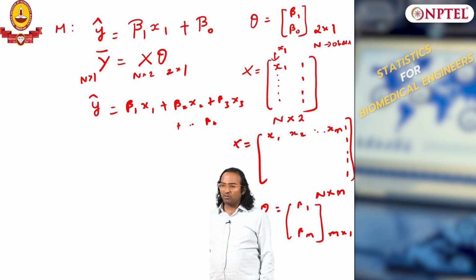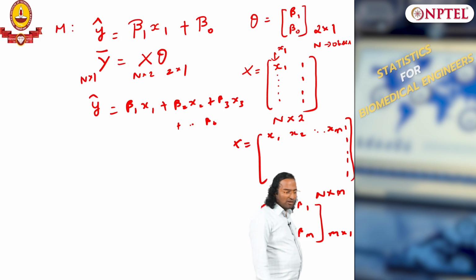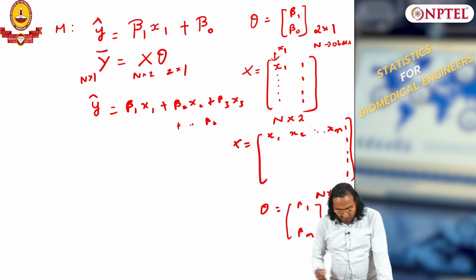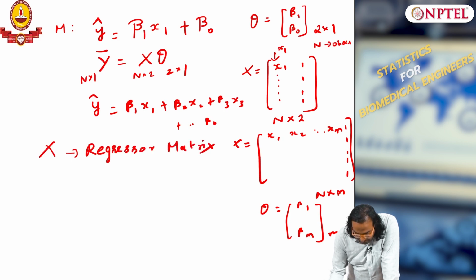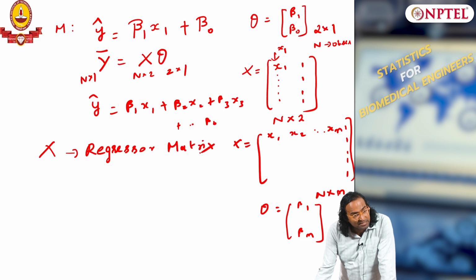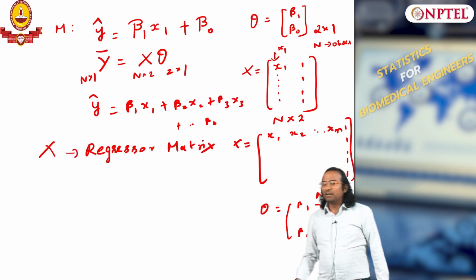Okay. So, y hat equals capital X times theta. Okay. So, this capital X we call a regressor matrix. Okay. So, this is what basically explains the relation.